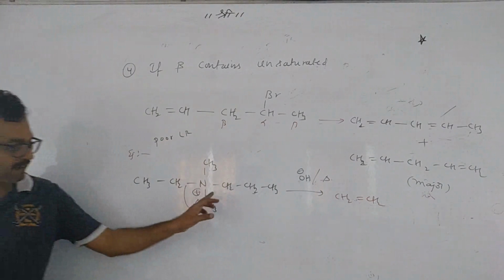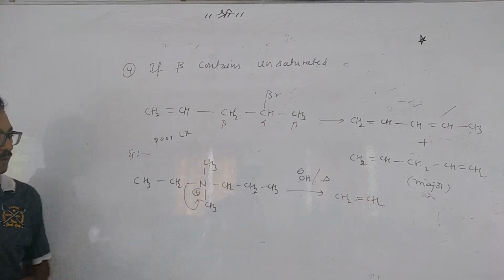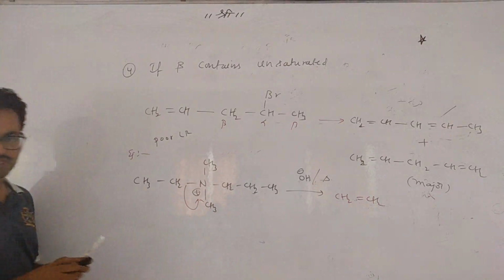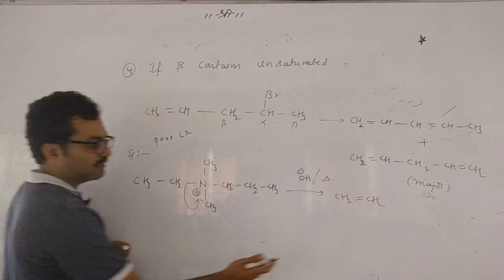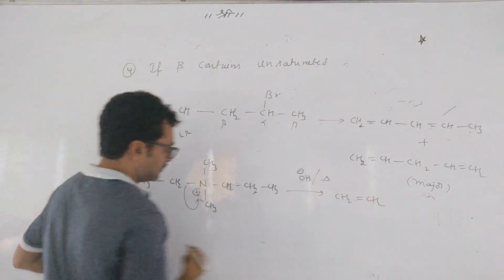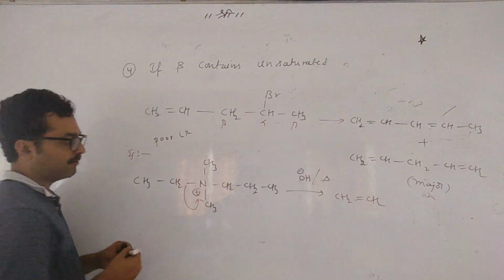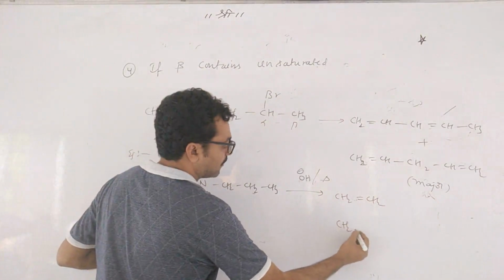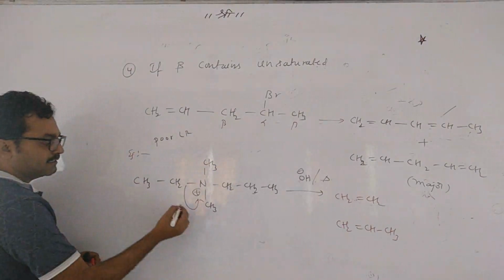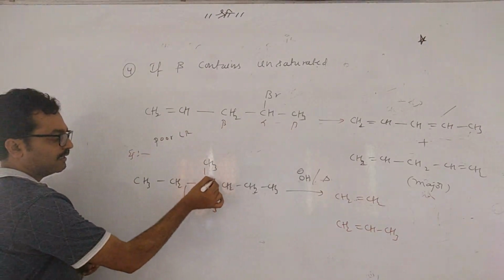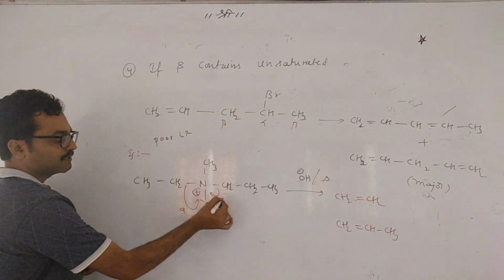Why? If I migrate like this, you will get what, children? Other possibilities also you will think of. If this is migrated this way, then what is the product formed? Can anyone? One propene, no? So among them, which is more substituted? Understanding? This is A pathway and this is B pathway. Like this, suppose it is shifted.